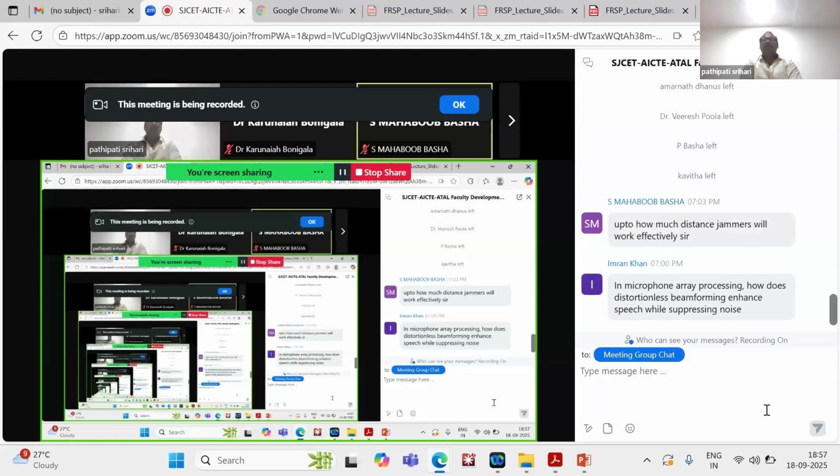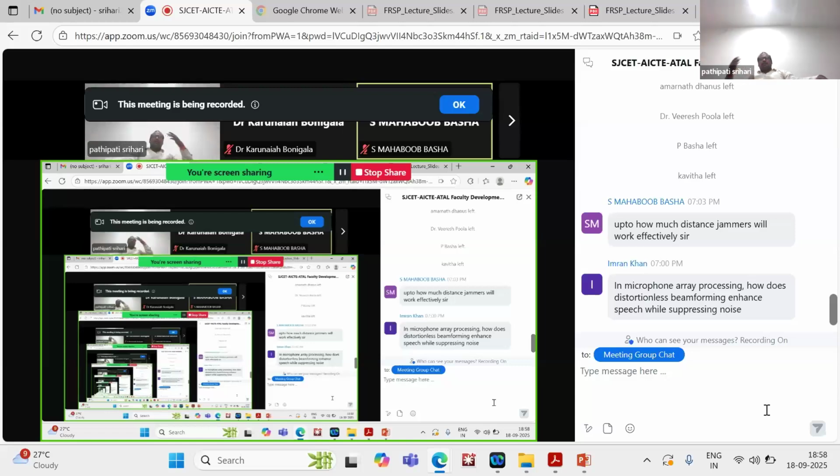In microphone array processing, how does distortionless beamforming enhance speech while suppressing noise? Okay.